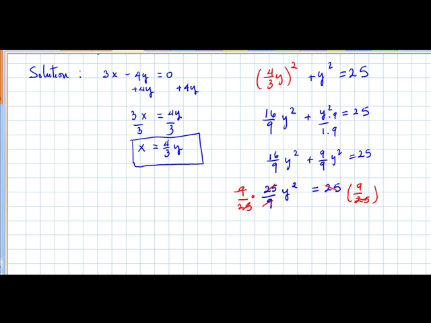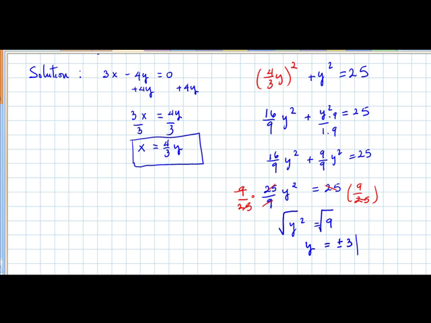So now I have y squared equal to 9. Take the square root of this and that. So y equals plus and minus 3. Because remember, the square here means I have two answers for y. So when I take the square root of 9, I need to consider the plus and minus.